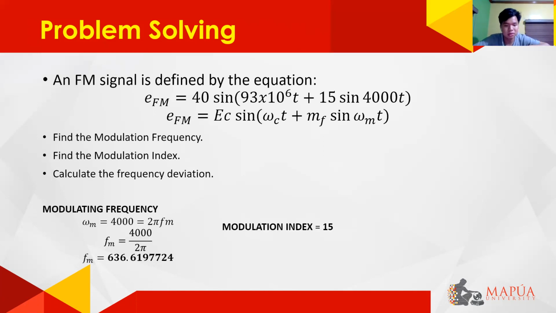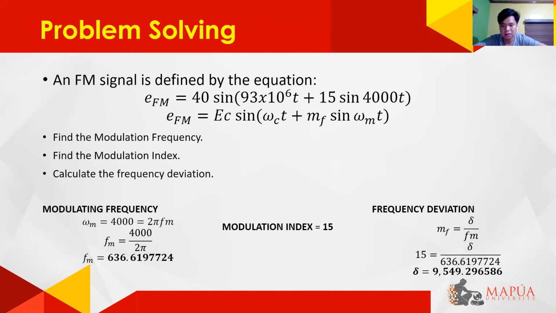Next, the modulation index. It is given in the equation, so we no longer have to find that, which saves us time. Then next, the frequency deviation. The formula is m_f equals deviation over f_m.